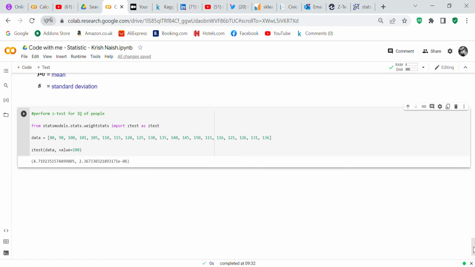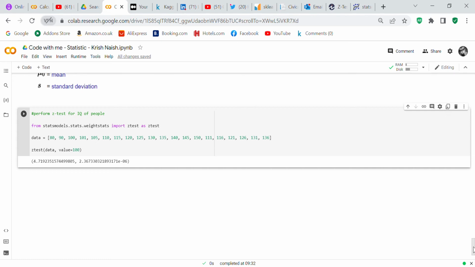From statsmodels.stats.weightstats import ztest as ztest. And then we put the data of the IQ of people. I gave an IQ of anywhere from 80 to 150. And then the Z-test is your statsmodels ztest with your data and value equals 100.